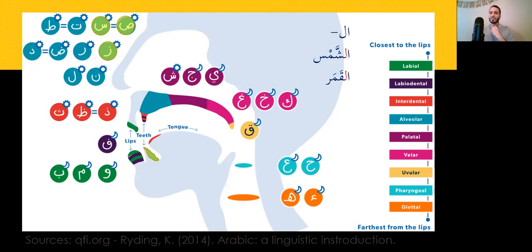Qa and kha, try to say both of them back to back and see how close they are. Kha is slightly above it, right? So the qaf is right here and kha is right above it. And then we have the ghayn. Gha. When we said you can gargle sometimes, gha.